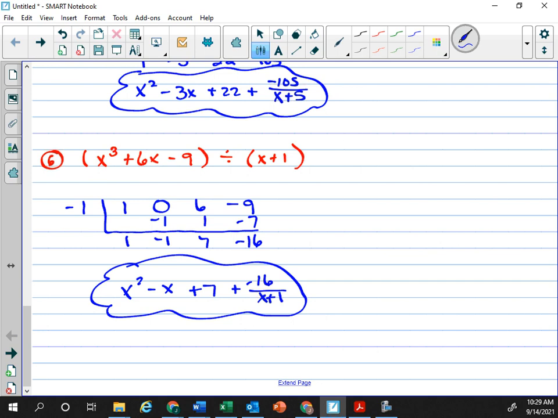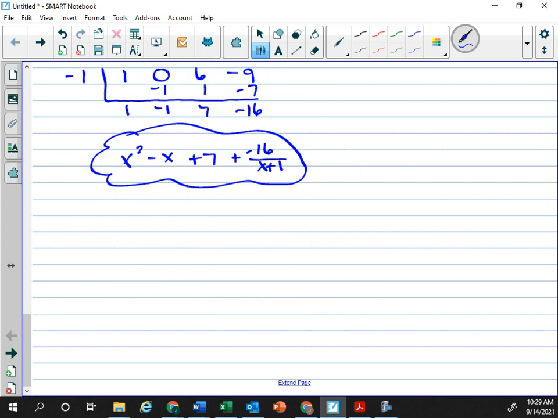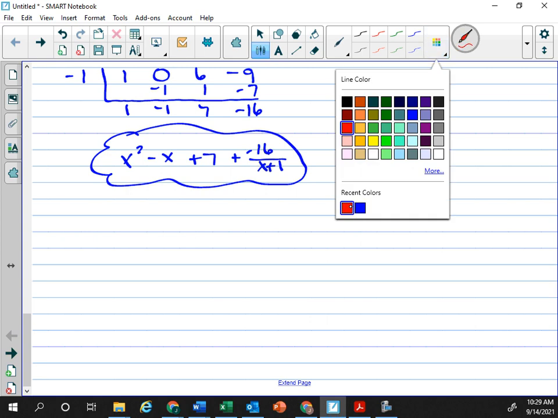Okay. We're going to jot down a couple of theorems next, and then we're going to use those theorems with our division to answer a few other things, okay? So the first theorem is called the remainder theorem.